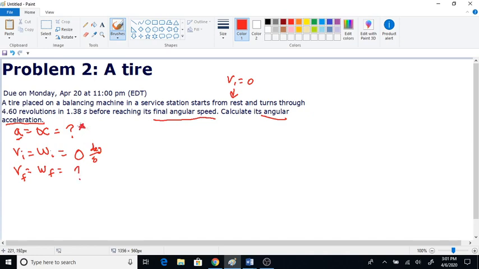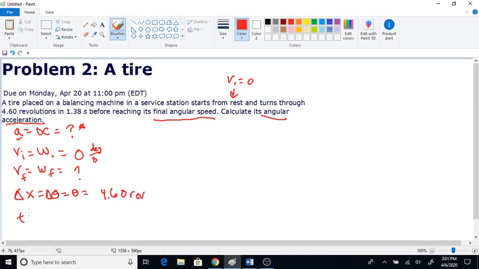Delta x is our old one, our displacement. For this one, it's delta theta, or the angle that you go through, or we can just call it theta. But if you like delta x, that's fine. And we're told 4.60 revolutions.